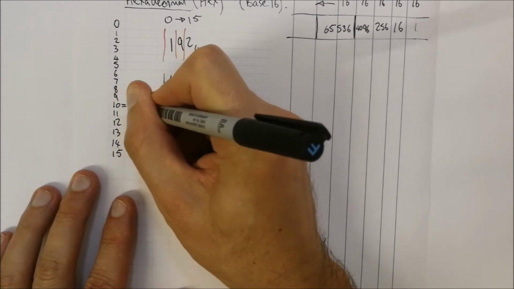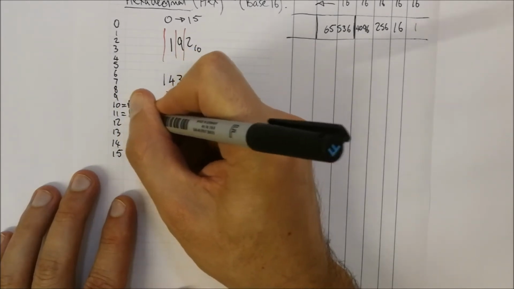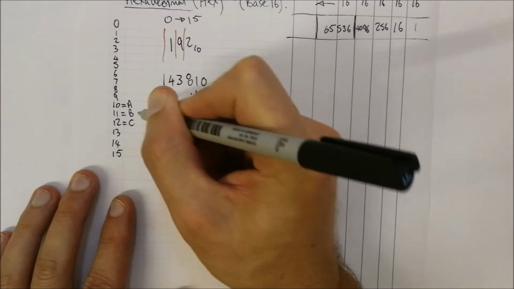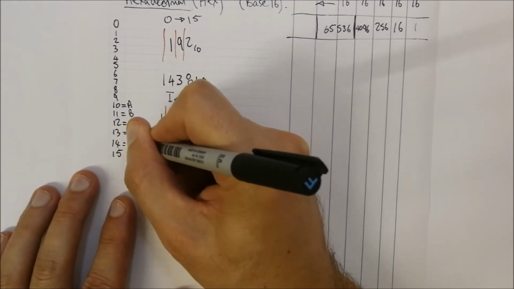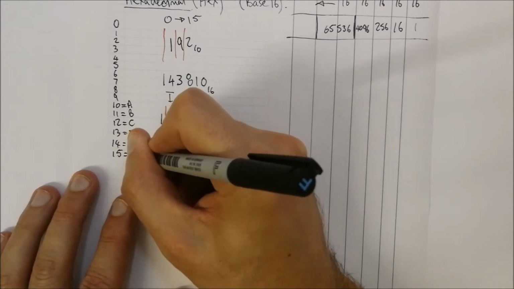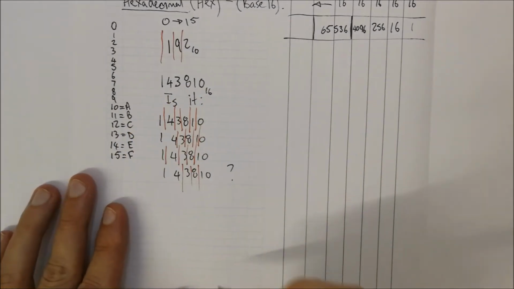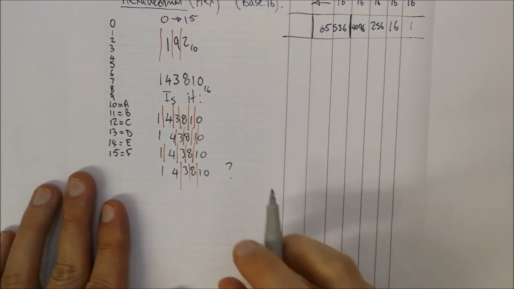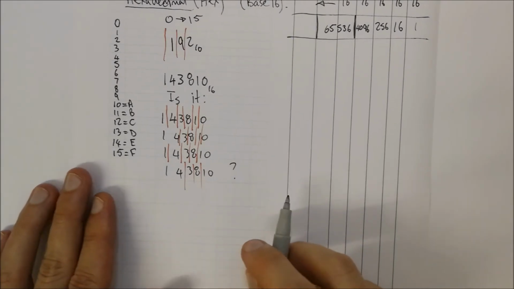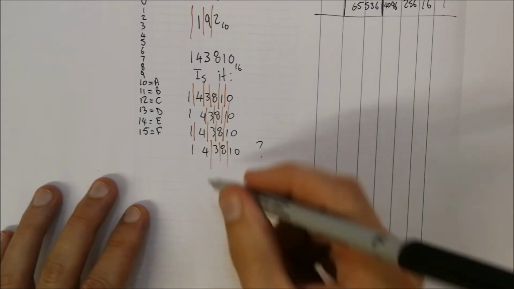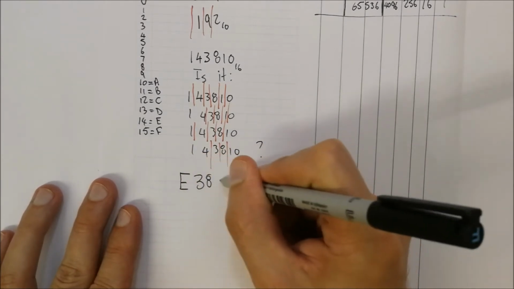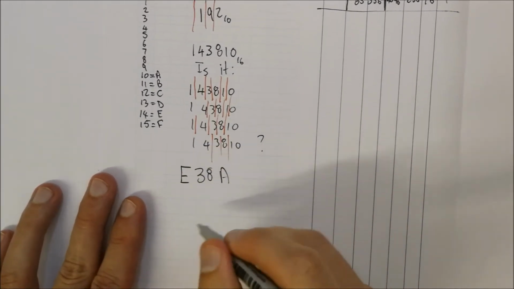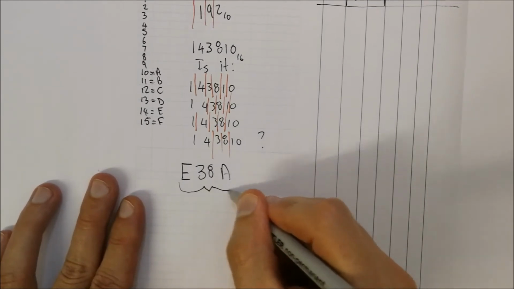So 10 becomes A, 11 becomes B, 12 becomes C, 13 becomes D, 14 becomes E, and 15 becomes F. Okay, so now if I had to say to you that you've got a value that is E38A, you will be able to immediately say, I know what that means.